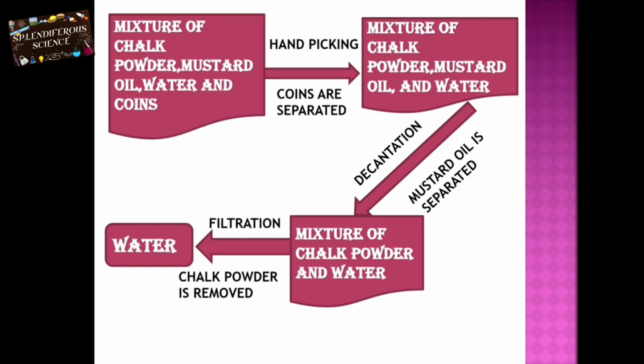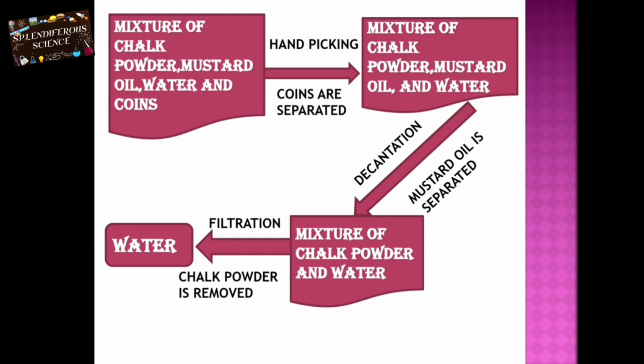We are using the hand picking method so that we can separate the coins from the mixture. After taking out the coins, we have the mixture of chalk powder, mustard oil and water. Now we are doing the decantation process so that the mustard oil is separated.